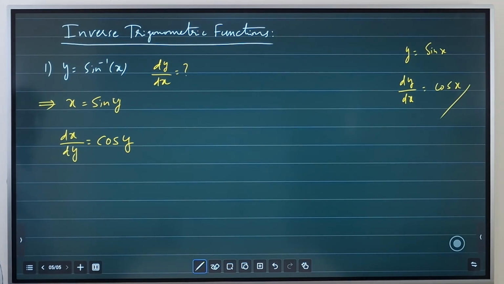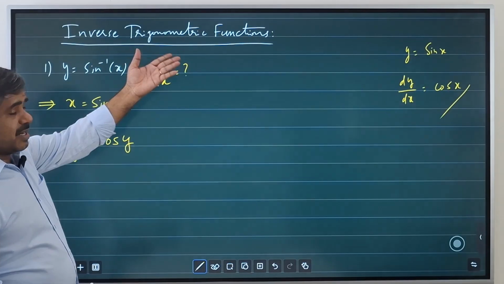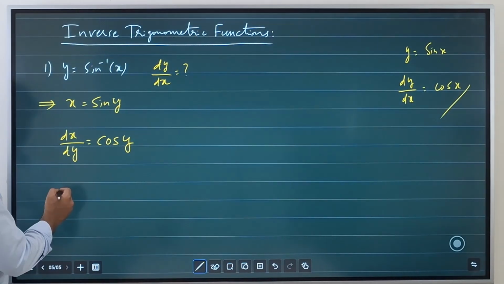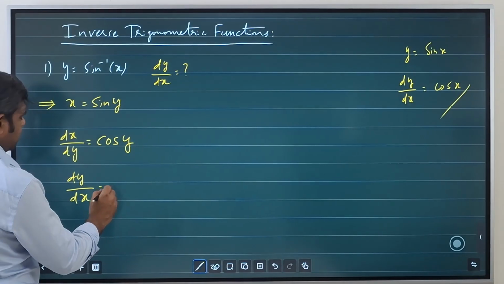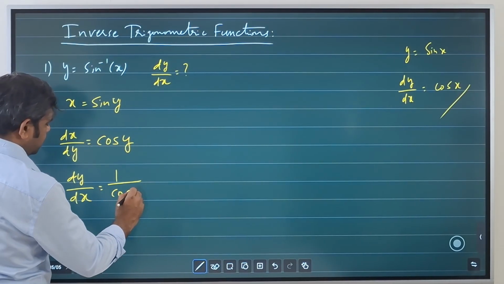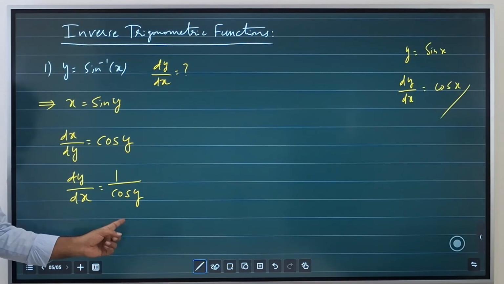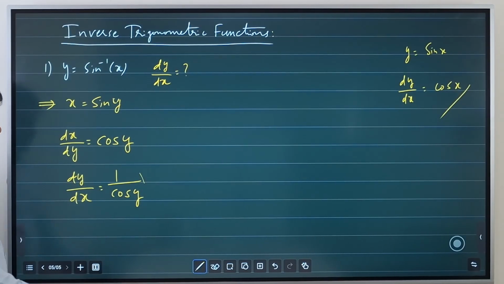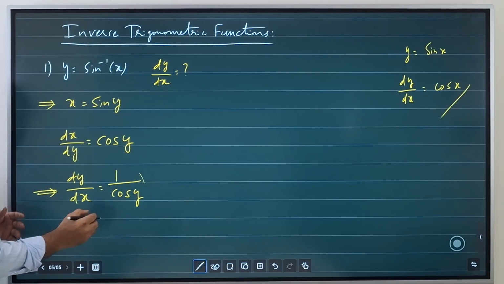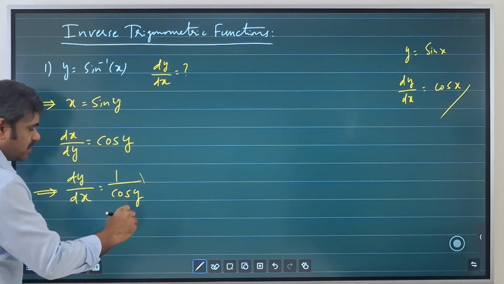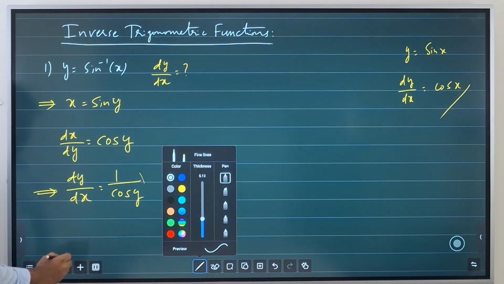We want dy by dx, reciprocal of dx by dy. So dy by dx is equal to 1 by cos y. We are going to write this in terms of x, the result. So we got dy by dx, but we got dy by dx in terms of y. So we are going to write dy by dx in terms of x.